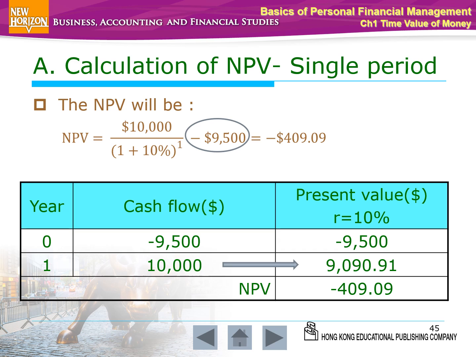Using a table to calculate it, you see year 0 goes from negative 9,000 to negative 9,500. So originally we have a small positive net present value, $90, but now it becomes negative $409.